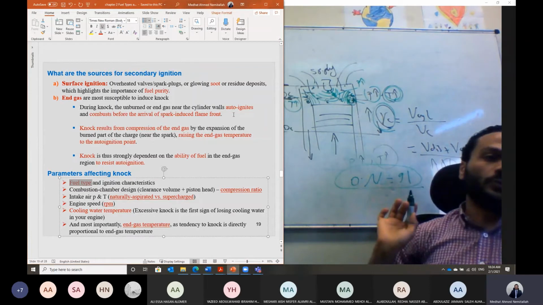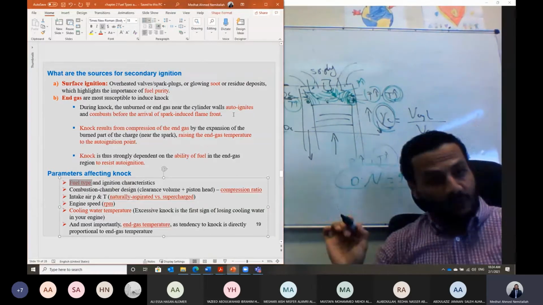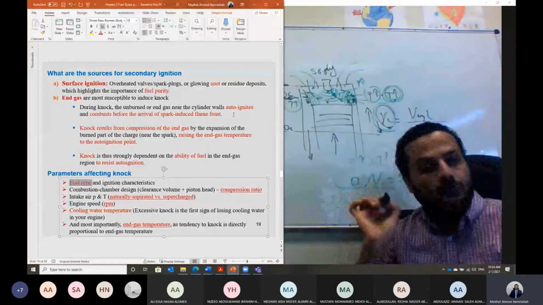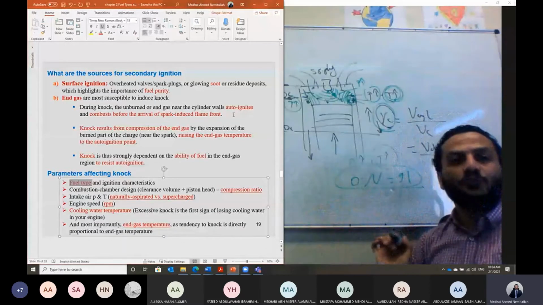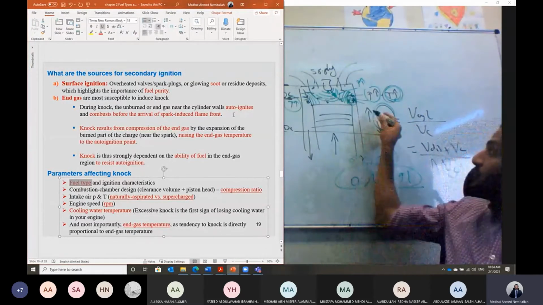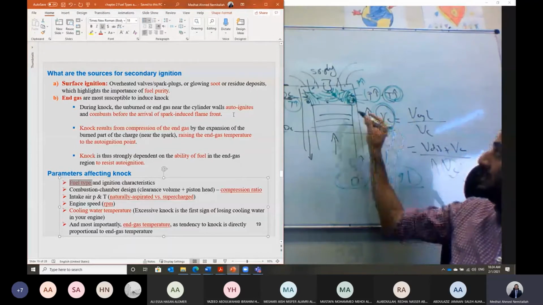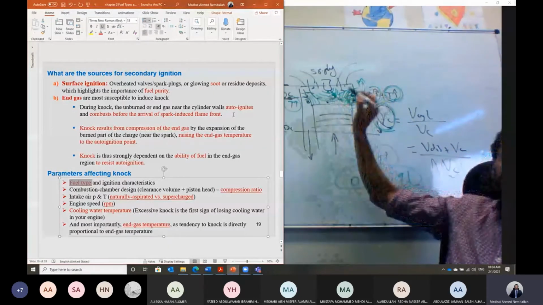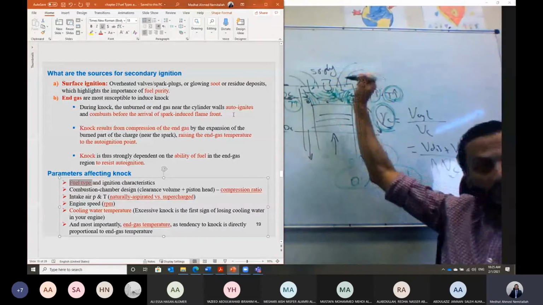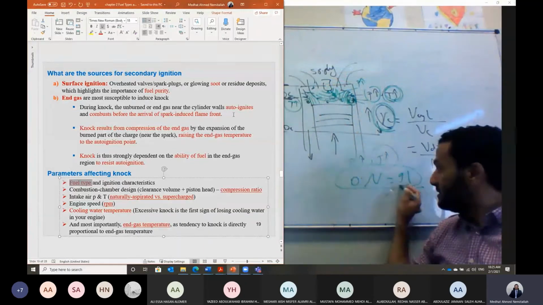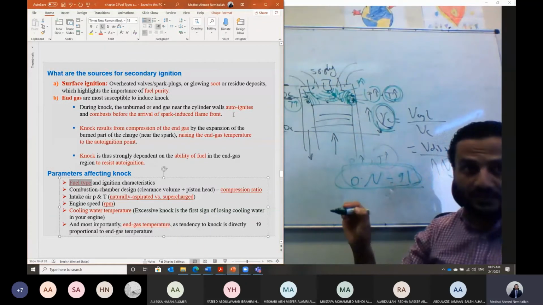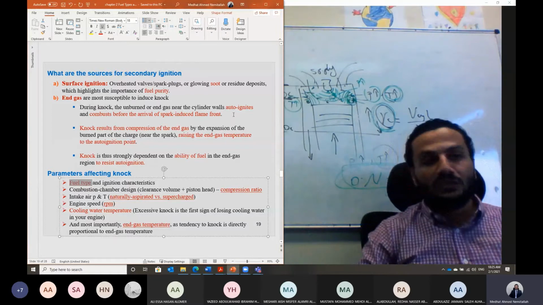To the fuel properties, the octane number of the fuel. The car manufacturer tells you not to use an octane number below this value for this car, because at this compression ratio the pressure at the end of the compression stroke will be this value and the temperature will be this value. So if you use this octane number or higher, it will not result in engine knock.